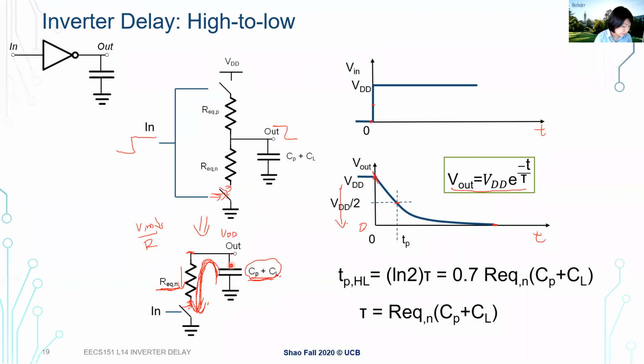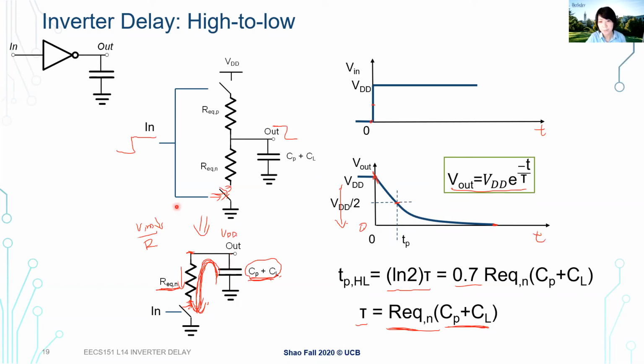With an RC circuit, the delay to reach 50% of VDD is ln 2, or basically 0.7 of a time constant. The time constant is the resistance in our circuit times the capacitance in our circuit.